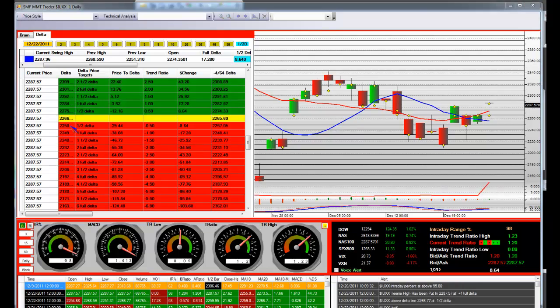The down side, what we would be looking at with a movement down to 22.66, 22.58 is a half delta, and 22.49 for tomorrow is going to be that full delta.